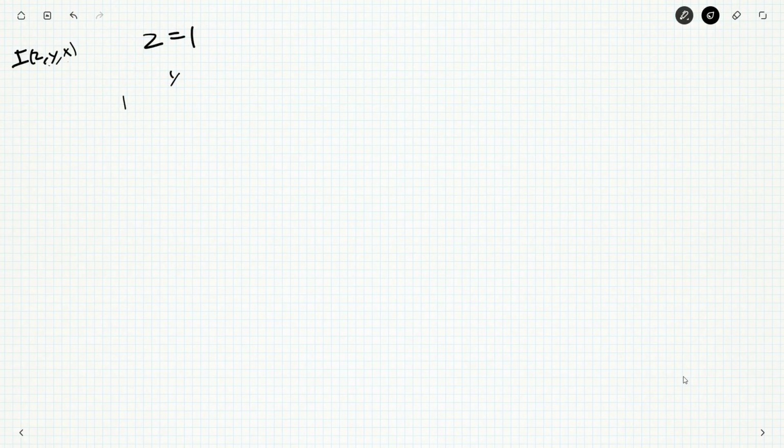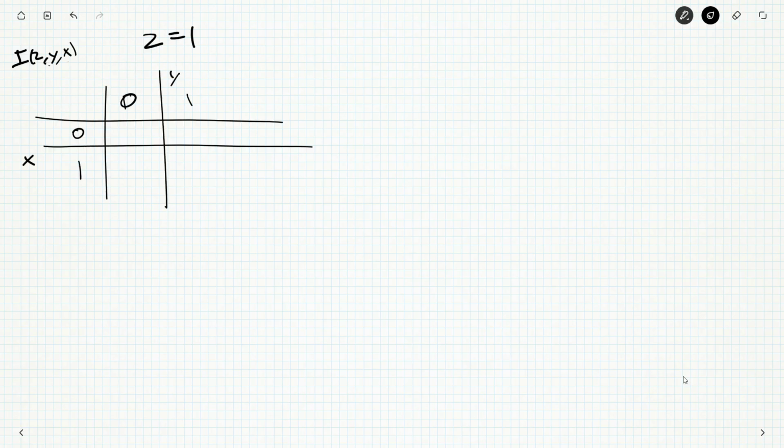So y could be 0, 1, and x could be 0 and 1. Okay. So if they're both zeros, then 1, 0, 0 is just, there's one way to do that. I of 1, 1, 0, there's one way to do that. You add on the y after the z.